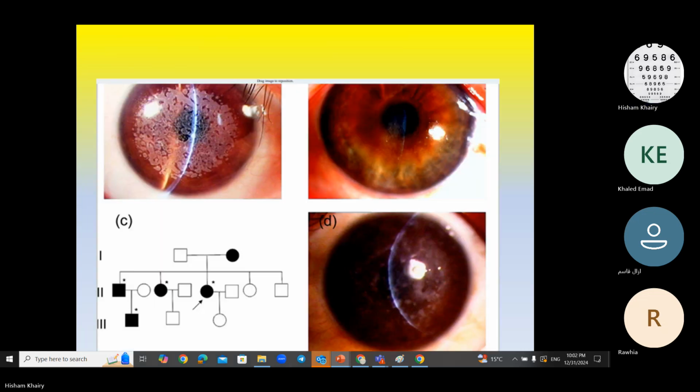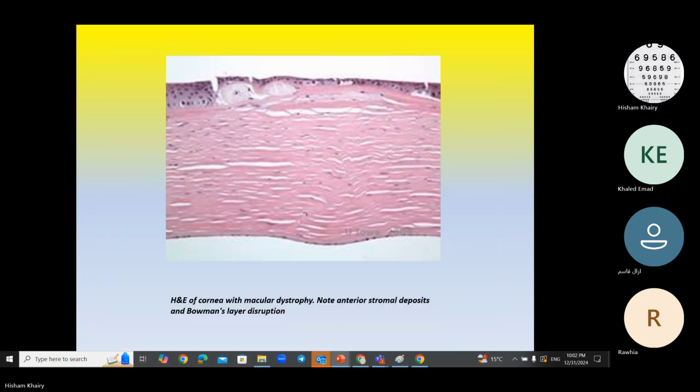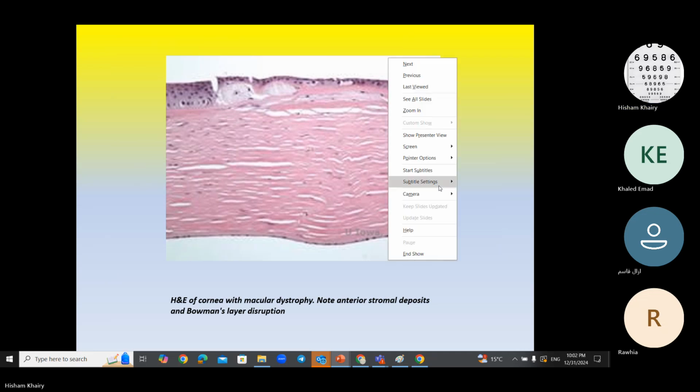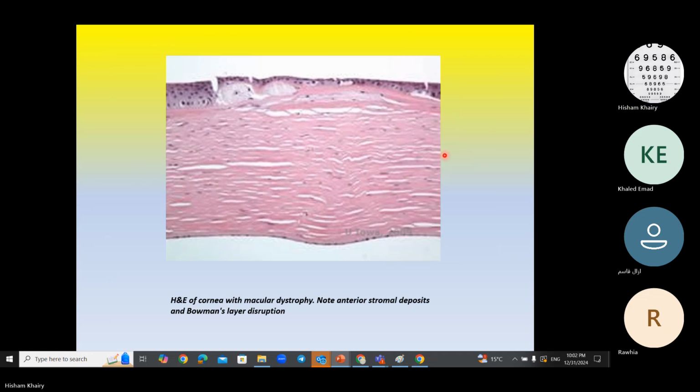Early, granular with macular dystrophy, note the anterior stromal deposits and Bowman layer disruption.